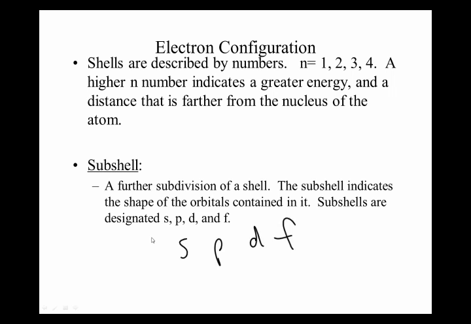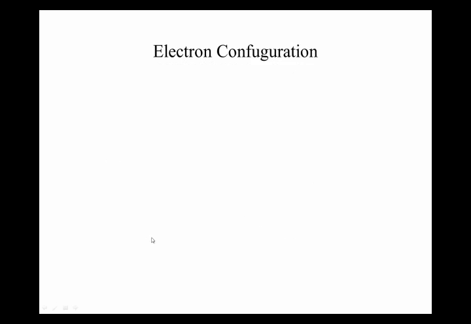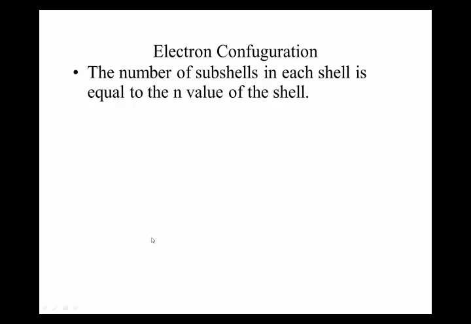So the number of subshells in each shell is equal to the value of the shell. So n equals 1 only has one subshell in it. And the subshells appear in a particular order, s, p, d, f.